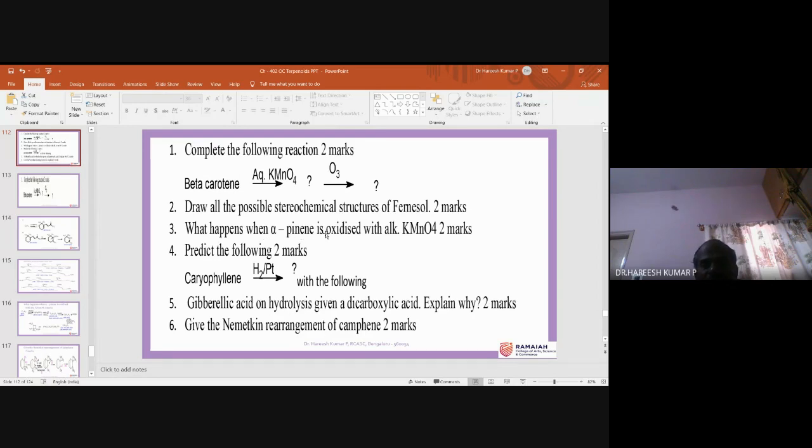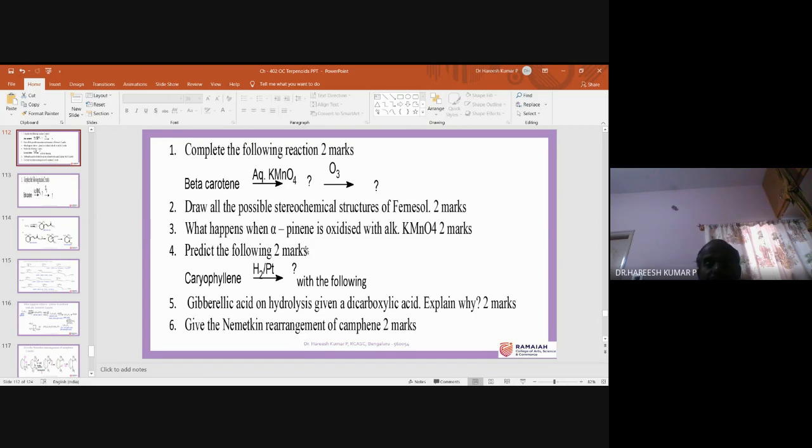And what happens when alpha pinene is oxidized with alkaline KMnO4? The product is dimethyl cyclobutane dicarboxylic acid. You have to write how it is obtained, but don't write only the product; start with the alpha pinene, either with the molecular formula or in terms of the structural formula.